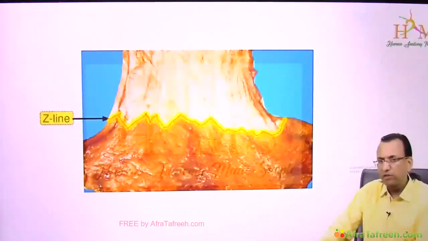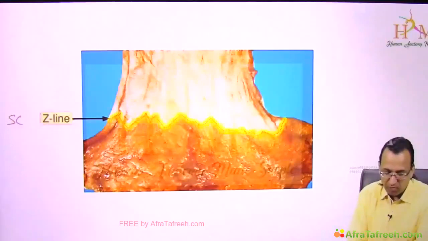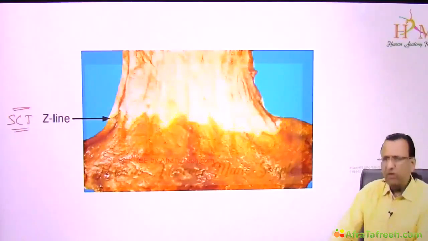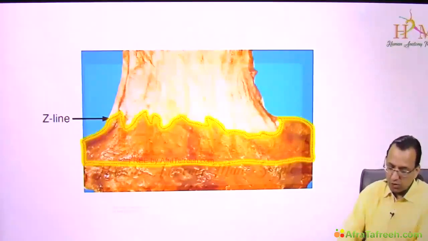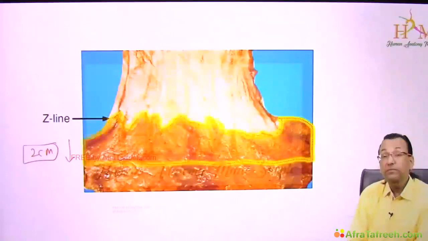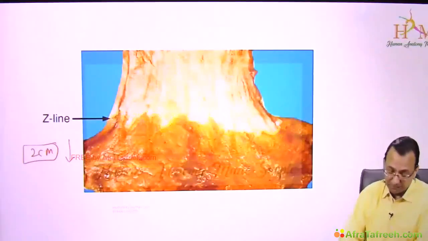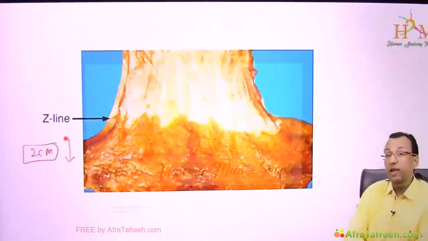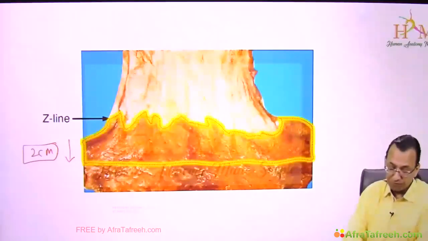It is the squamo-columnar junction. Now you have to understand the lower 2 centimeter of the esophagus is lined by columnar epithelium, just like the stomach.